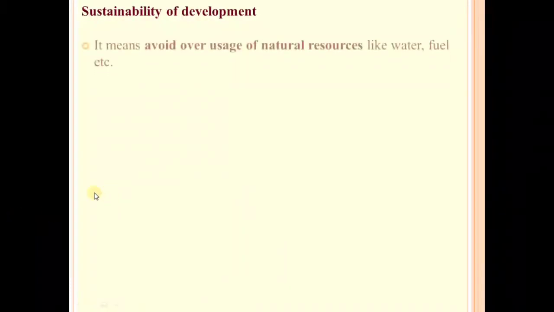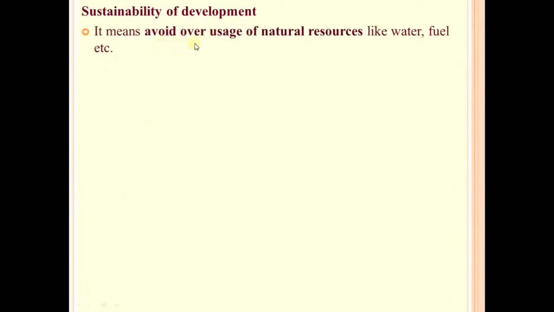Students, next topic is sustainable development. Now, if there is development but there is over usage of natural resources, let's say for example water, and we are using the water to a very high extent, or we are polluting the water, then definitely it is not a good sign. So sustainable development means that we should avoid the over usage of natural resources.